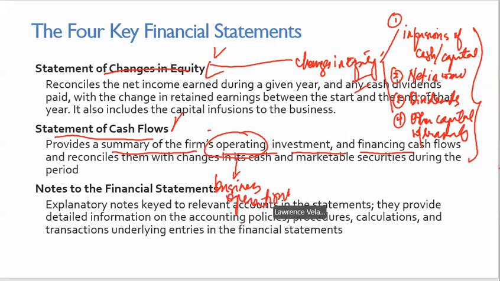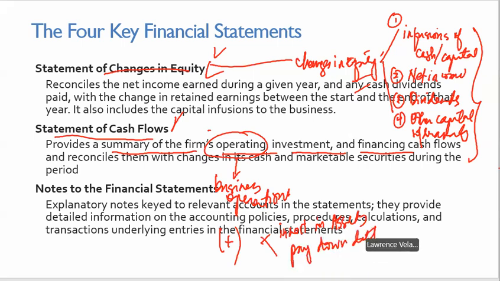When operating cash flow is positive, it means that the company is able to generate its own cash that it can use to invest in capital, invest in other assets, pay down debt, or pay back dividends of the company.